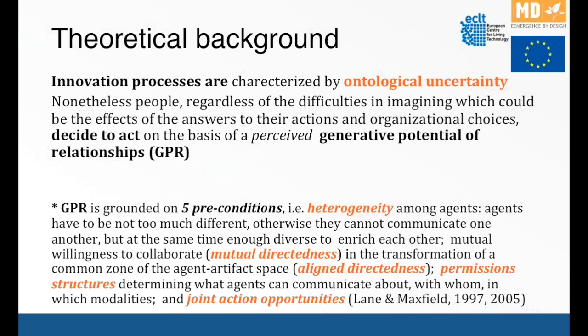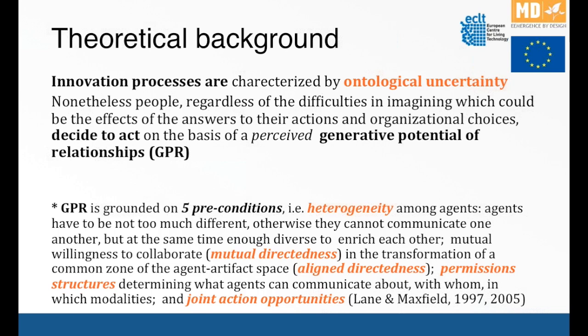And then the permission structure has to be adequate, because it determines the way agents will communicate with each other, if they can communicate or not, and with whom, and in which modalities.